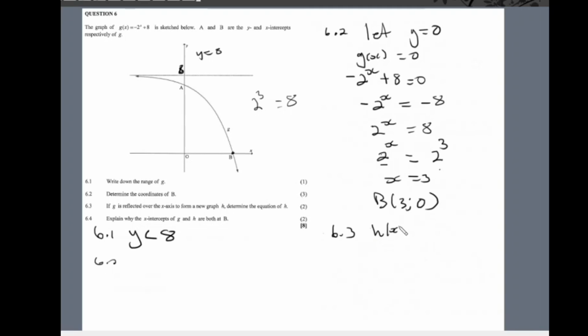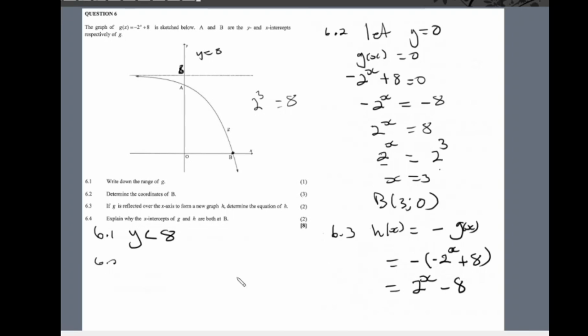So h of x will be equal to minus g of x, and then minus g of x will be minus, so the equation of g of x will go in here, plus 8, and then we'll have the graph of h of x to be 2^x minus 8, right?